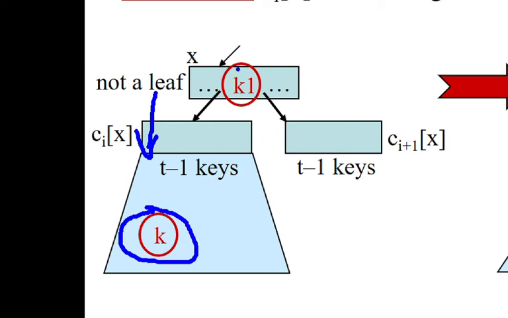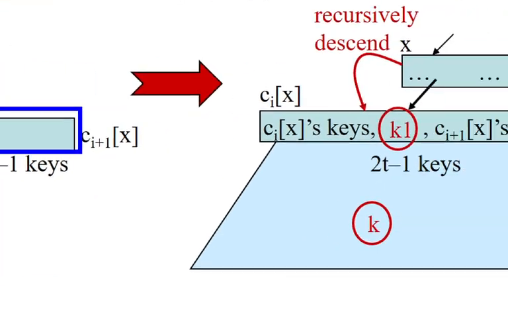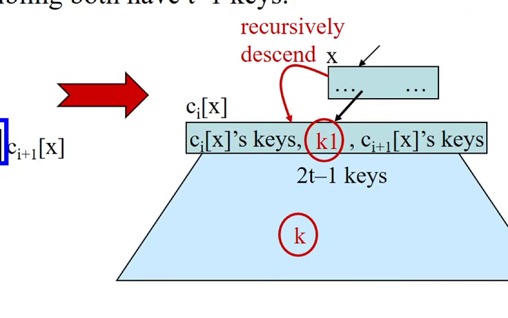So what we will do, we will bring this key down and we will merge these two siblings, because since we are merging two nodes, it means that one key in the parent also needs to be decreased. So this is how it's done. We will merge these two nodes and bring the key from the parent down to the merged child. So ultimately we will have 2t minus 1 keys here.